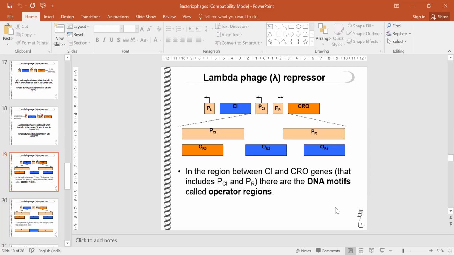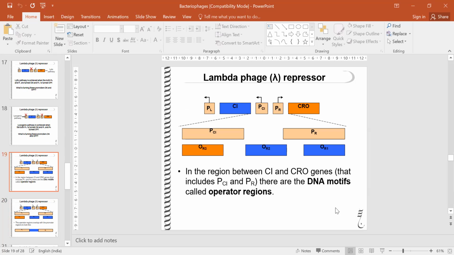Here you can see, in the region of the lambda C1 and CRO genes that include the PC1 and the PR promoter, there is a DNA motif called the operator region. The operator plays an important role, because the transcription factor or repressor can bind there.